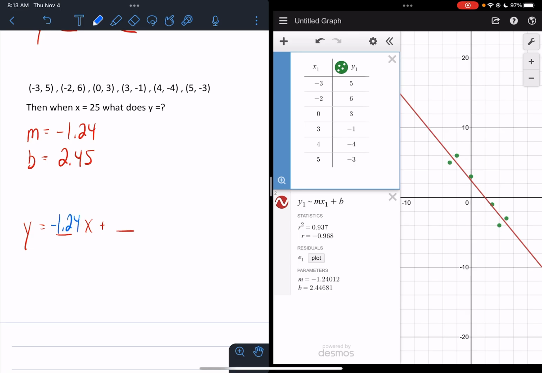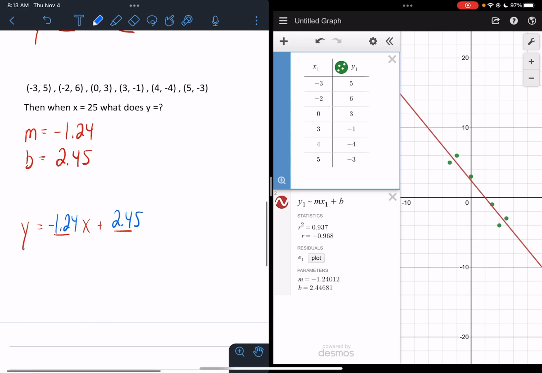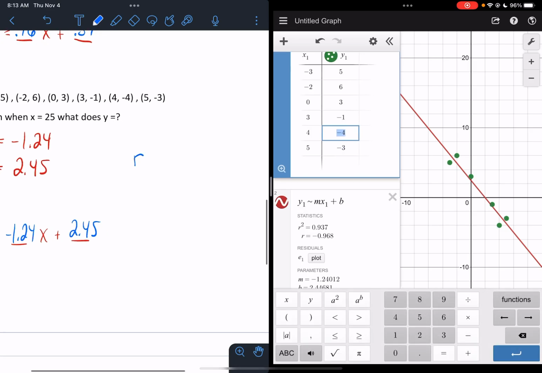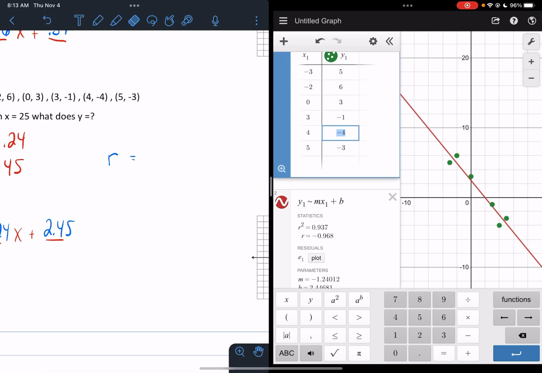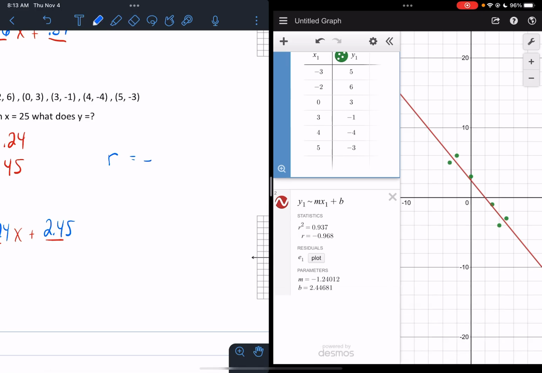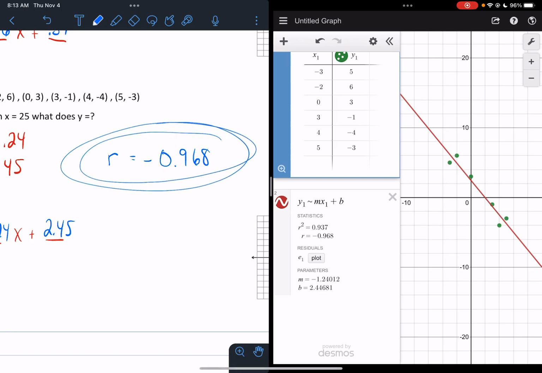It has a negative slope, and then 2.45 is my y-intercept. And then my R value, which is how tight my correlation is, the one I'm actually going to go with is a regular R value, -0.968. And again, that's really close to -1. And so that is going to tell me that I have a strong negative correlation, so closer to 1.